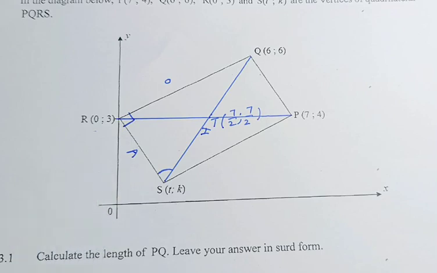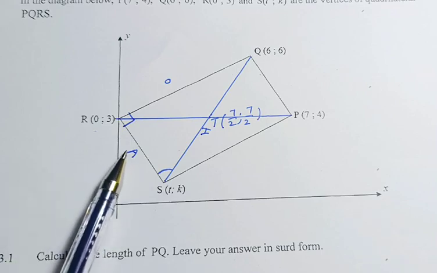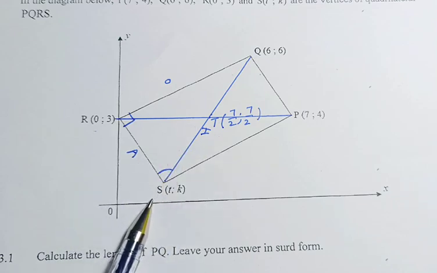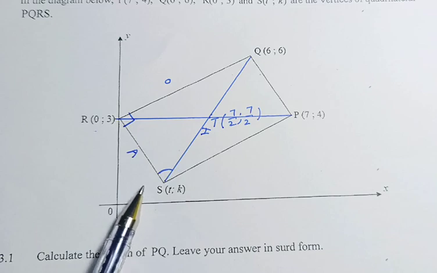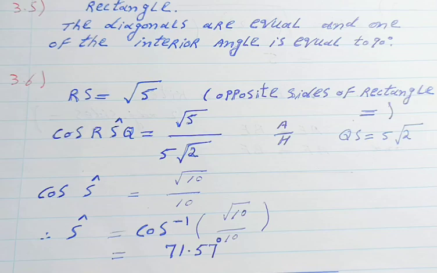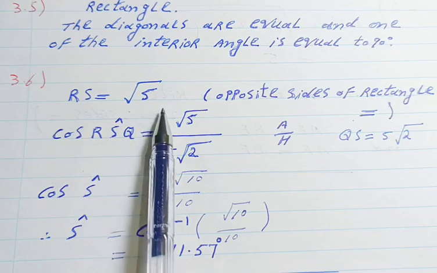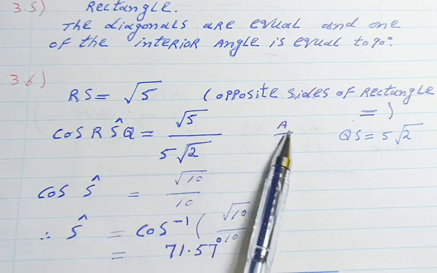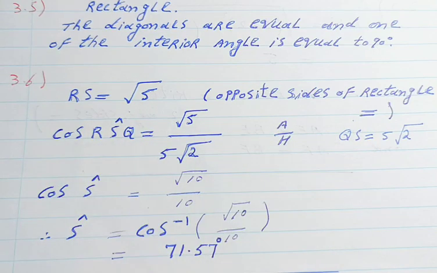So if you want to apply cos, for instance, this is your adjacent side, then it's going to be A over H, and this is going to be cos S. Then we find through cos the angle S. Let me show you. So RS we already got 5 square root. Why? Because opposite sides of a rectangle are equal.